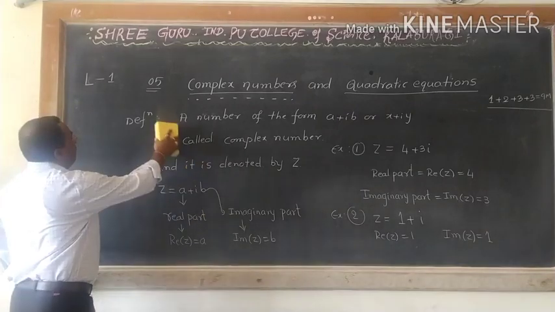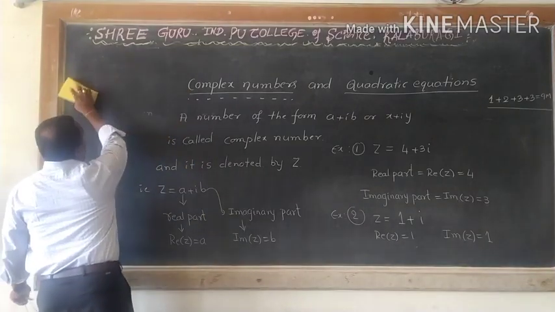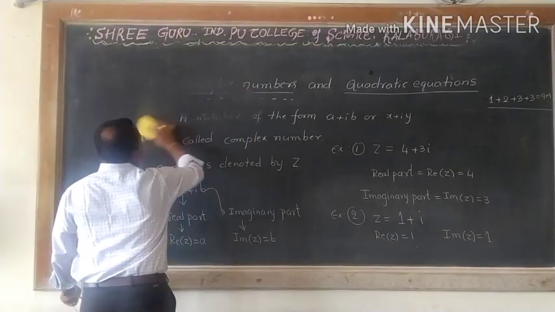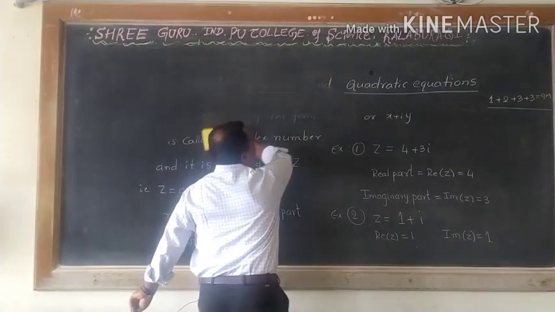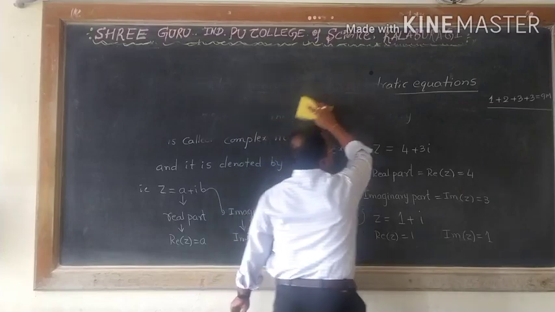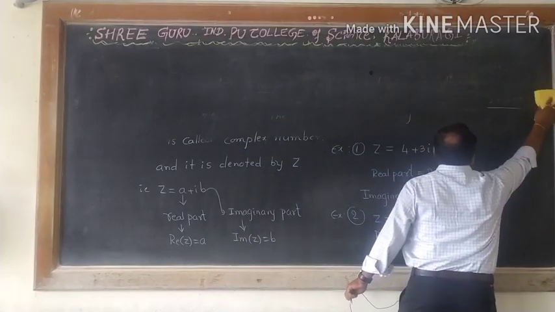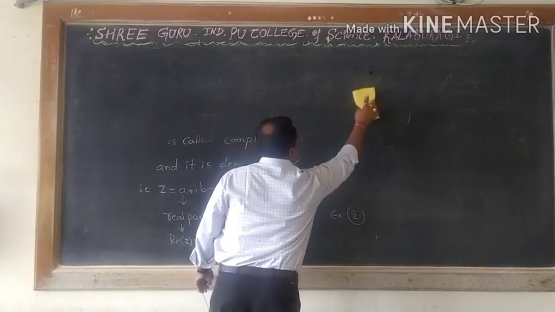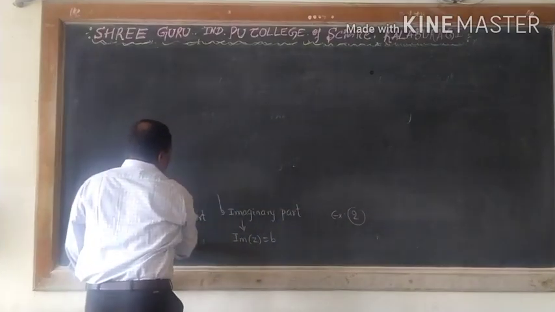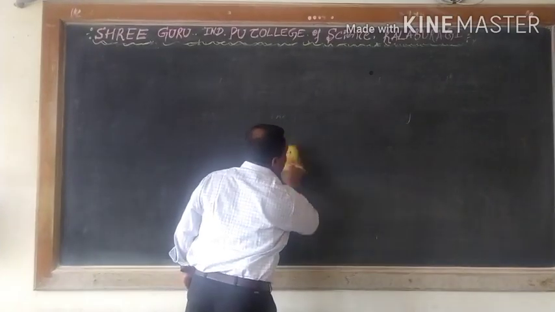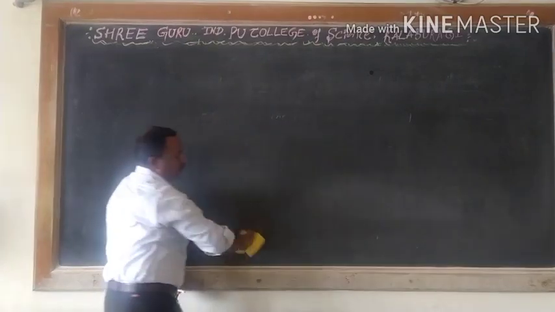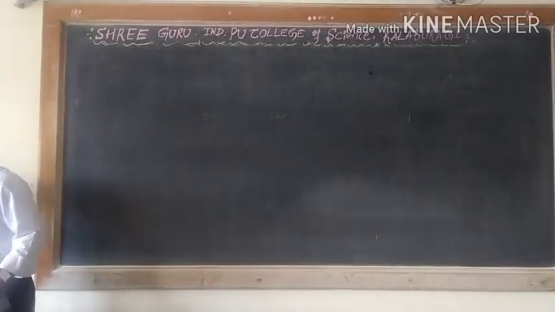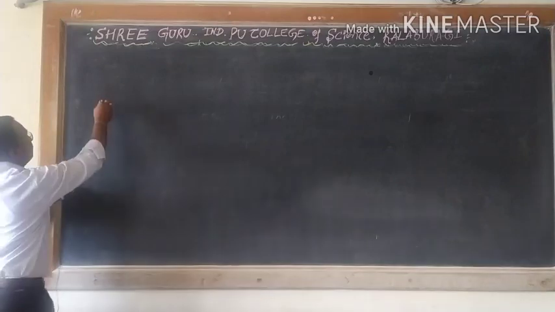Next, write real and imaginary parts of the following complex numbers. Some examples.